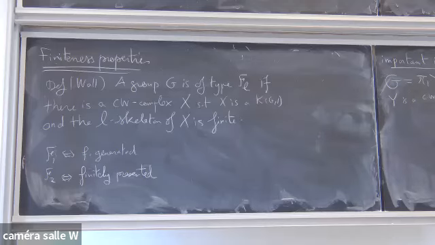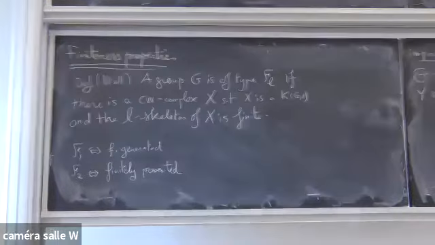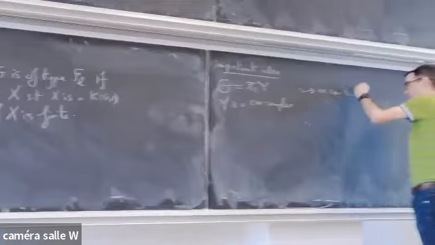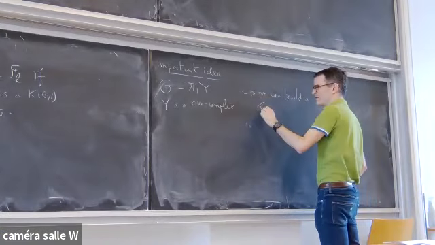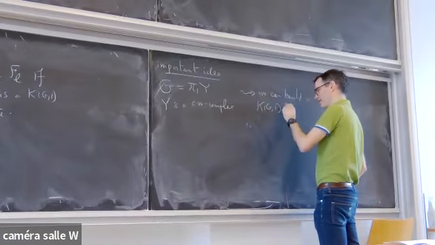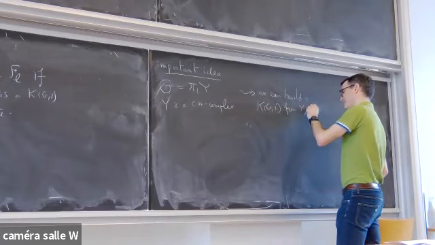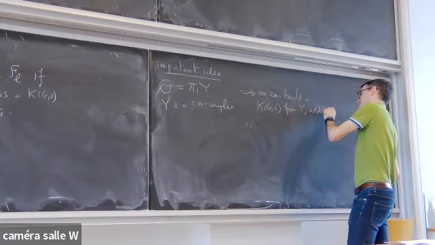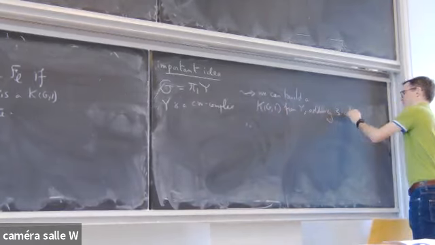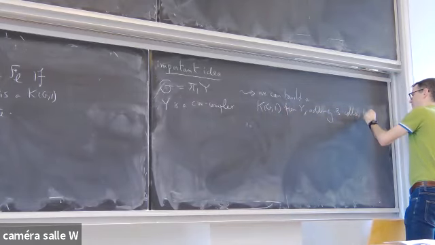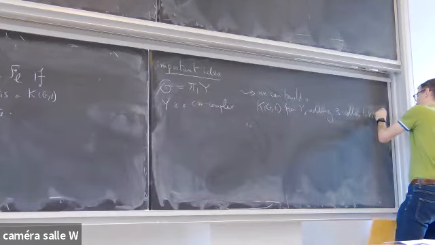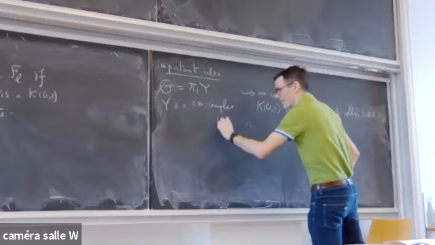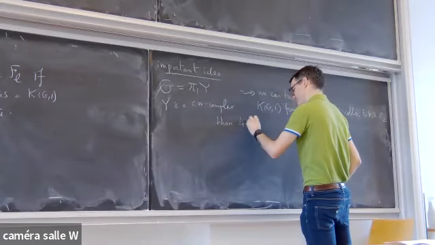So you can build the K(G,1) from Y, adding three-cells, four-cells and so on.